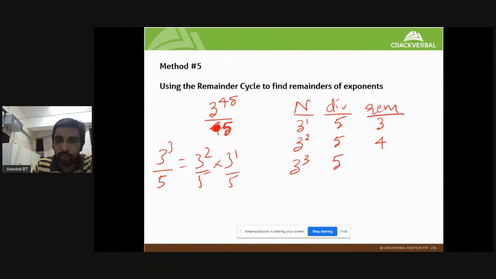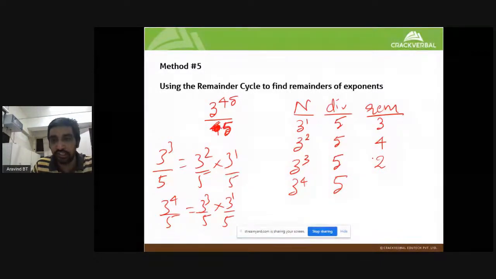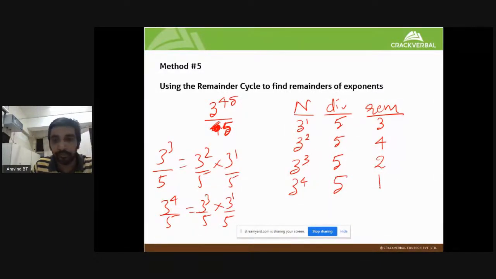So 4 into 3, 4 into 3 is 12. 12 by 5 is 2. 3 power 4, remainder of divided by 5. 3 power 4 by 5 is nothing but 3 power 3 by 5 into 3 power 1 by 5. So therefore, 2 into 3. 2 into 3 is 6. 6 by 5 is 1.